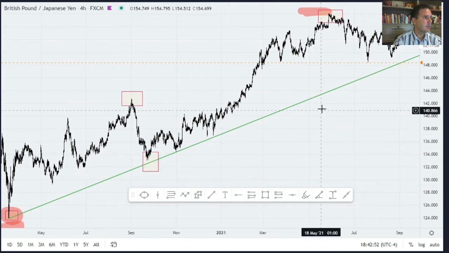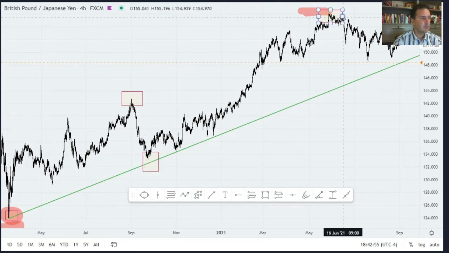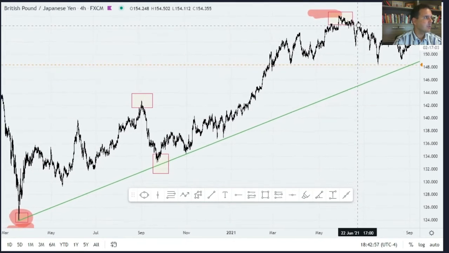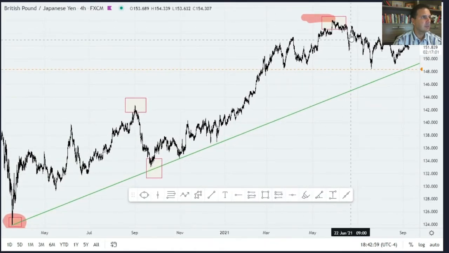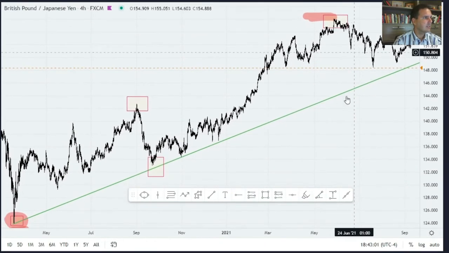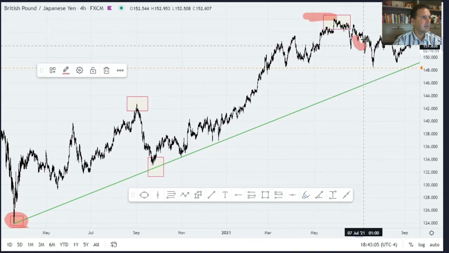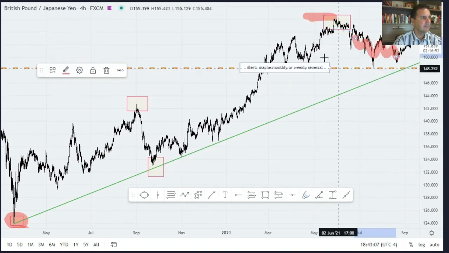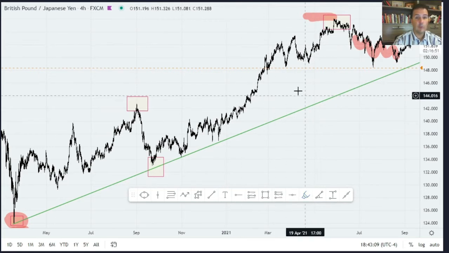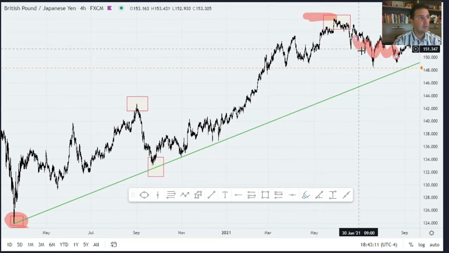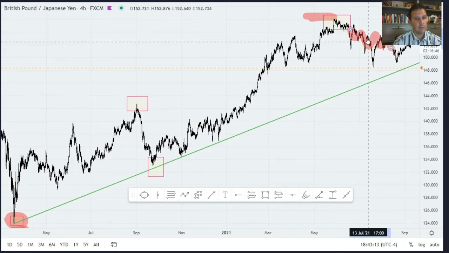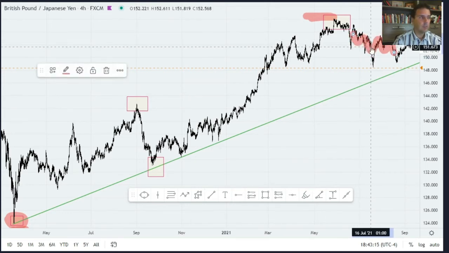Okay, so some of you are screaming right now, oh, it's making lower lows, lower highs. Sure, but those highs and lows are not relevant for the grandpa and the grandma. So step by step, right?